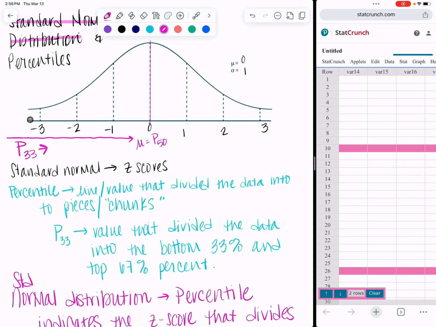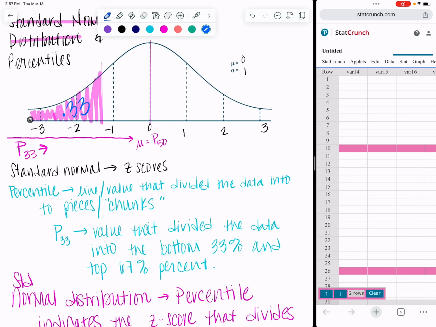So I'm going to estimate where I think 33% might be. Now, I may not end up terribly accurate here, but I'm going to say 33% might be right in here somewhere. P33 tells me that the area under that shaded part is 0.33.